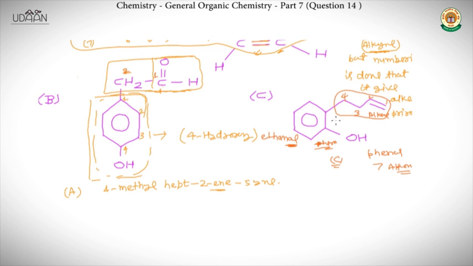If the alkene had more than 6 carbons, then the preference would be given to alkene, but here the number of carbons is less, so preference will be given to phenol. So it will be termed as phenol. I have written down phenol first. Which position on the phenol? First position is this, second is this. So at the second position, this substituent is attached.